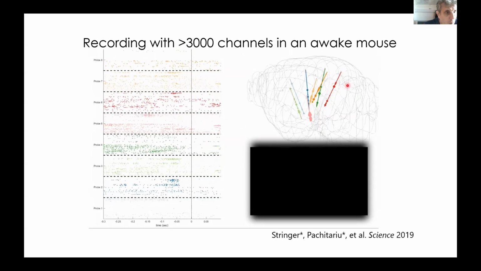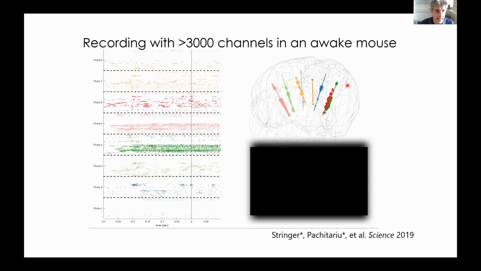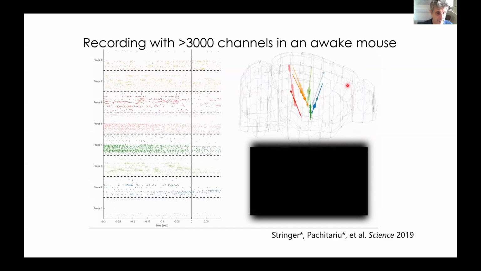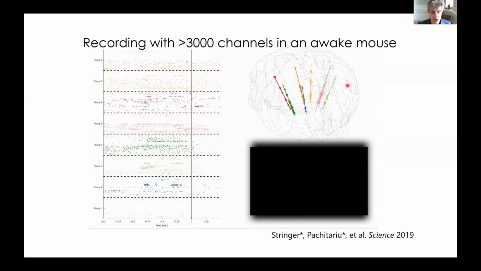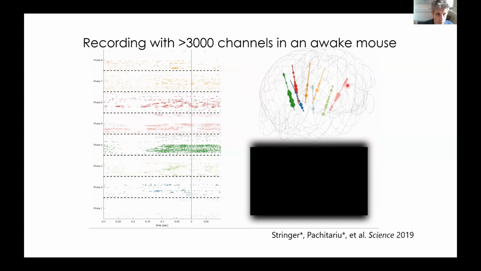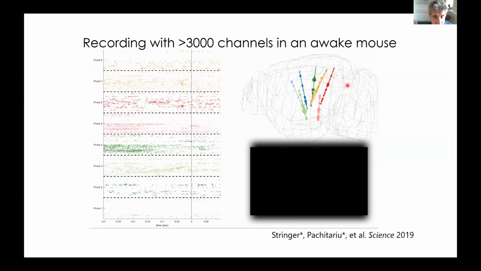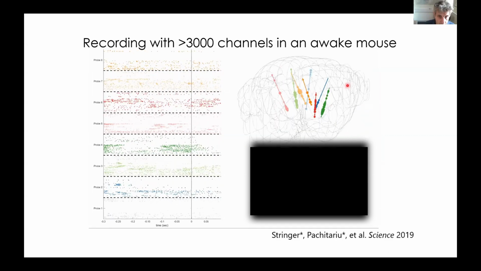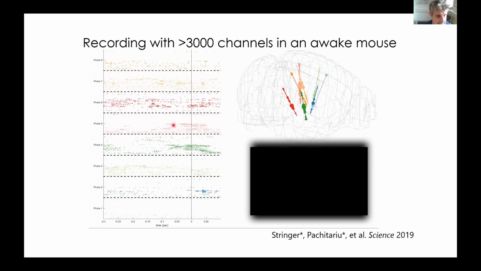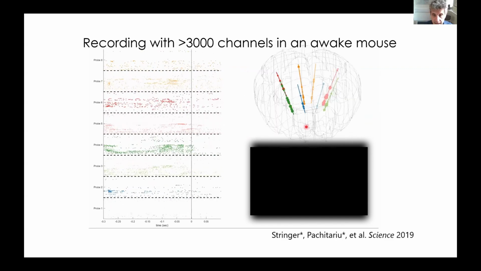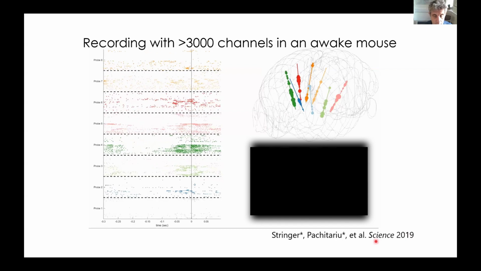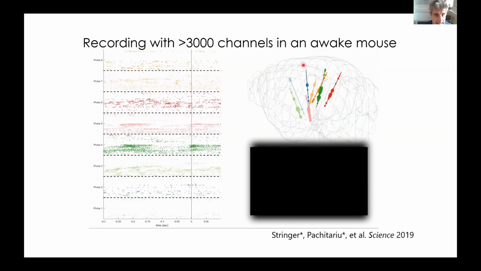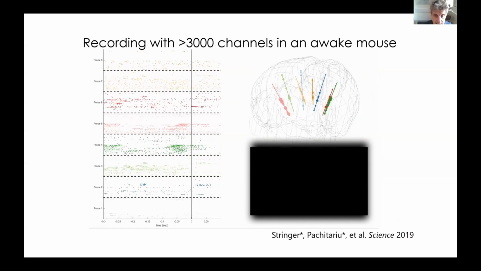All right. What do you do when you've got so many channels? Now is when we're getting to actual cutting edge research. What do you do with this sort of data? Well, that's your job to find out. But here's a nice illustration of a recording, now 6 years ago, in the brain of a mouse. The mouse isn't doing very much.